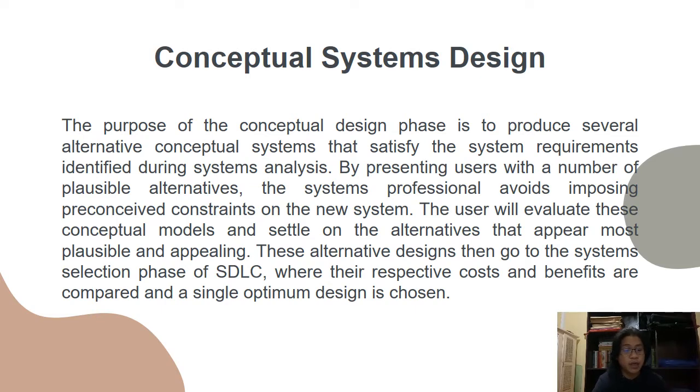The user will evaluate these conceptual models and settle on the alternatives that appear most plausible and appealing. These alternative designs then go to the system selection phase of the systems development lifecycle, where their respective costs and benefits are compared and a single optimum design is chosen.